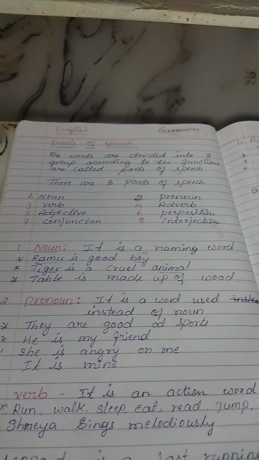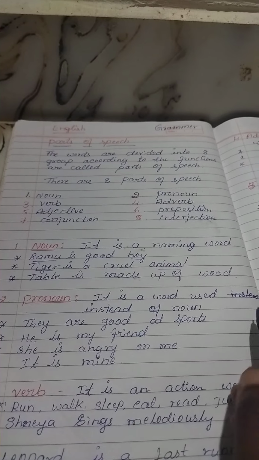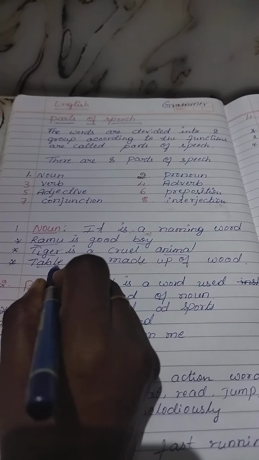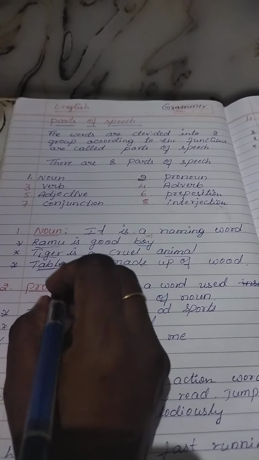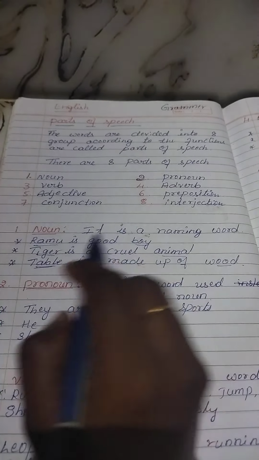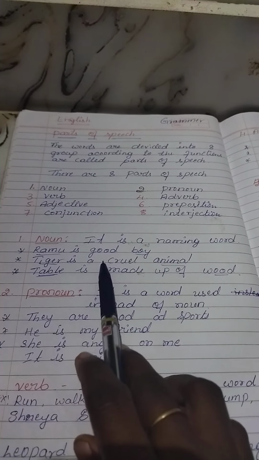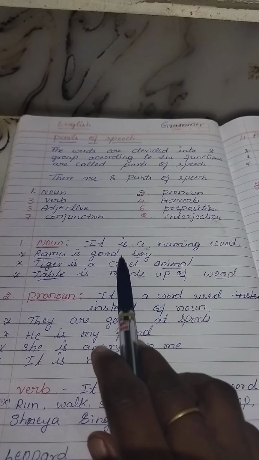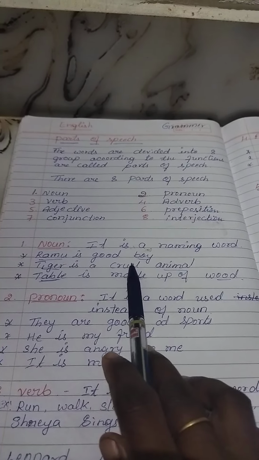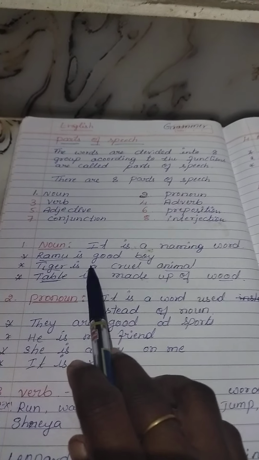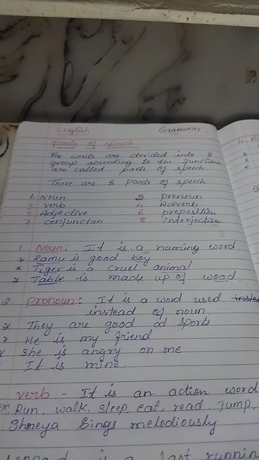Here table is an example of a noun, and wood is also an example of a noun. Different kinds of noun we can also see. I said before I will make a video on the kinds of noun next time.